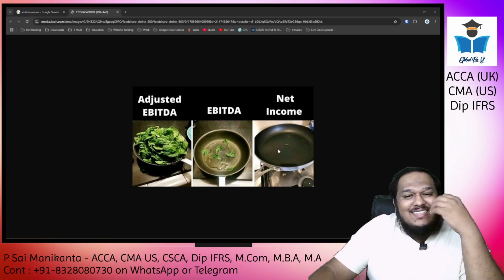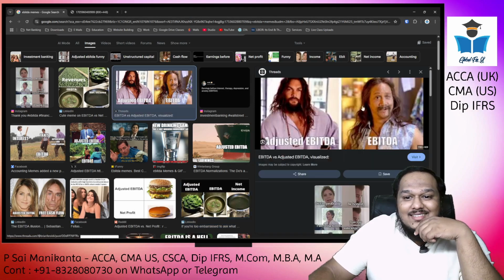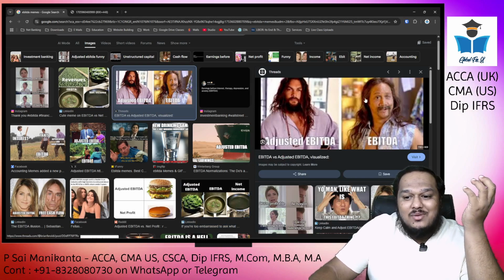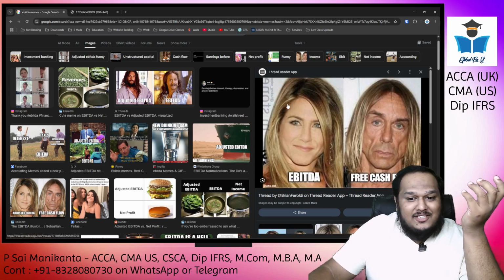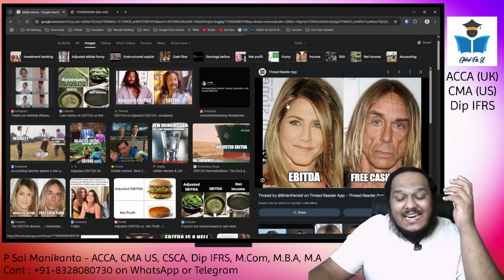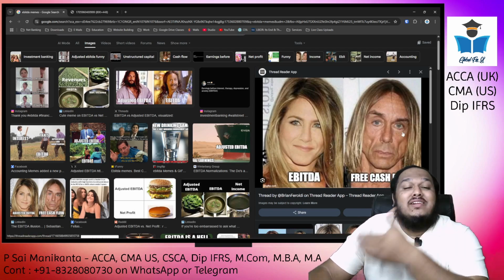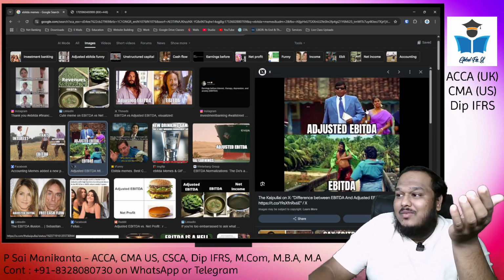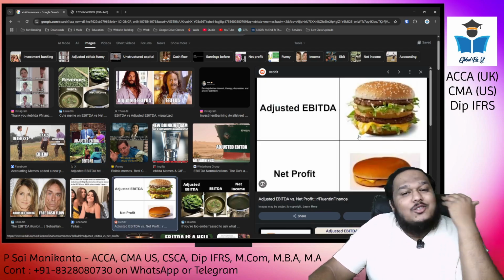Net income is just nothing, right? So that is one meme that was there. And then there is this one: adjusted EBITDA looks so handsome and all, whereas the actual EBITDA is like this, or else EBITDA is looking like Rachel Green, oh my god, Jennifer Aniston. Versus free cash flows, actual cash flows are not there, or else this could be another meme, adjusted EBITDA versus actual EBITDA. You get the idea, right?